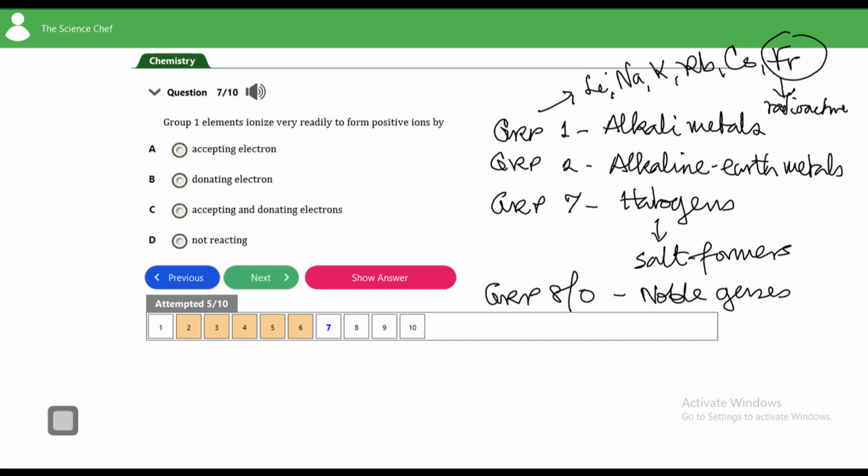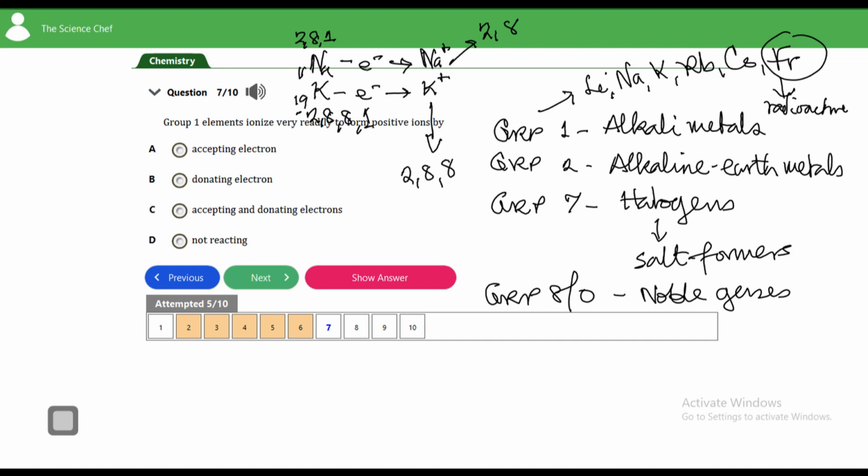And because they are metals, they ionize by loss of one electron. Why? Because all of them have one valence electron. Let's take sodium and potassium as examples. They will lose one electron each from the outermost shells to form positive univalent ions. This one is 2,8,1. This one is 2,8,8,1. So after losing the electrons, this becomes 2,8, while this one becomes 2,8,8.